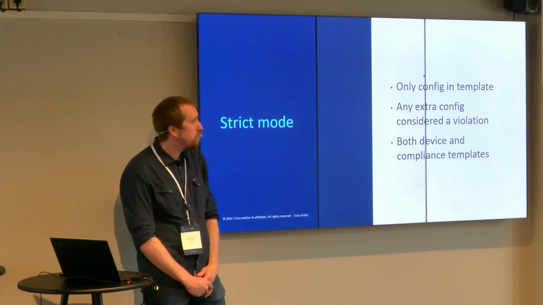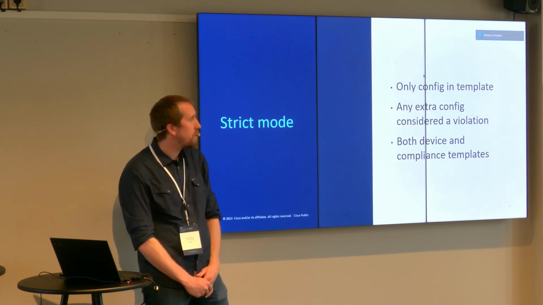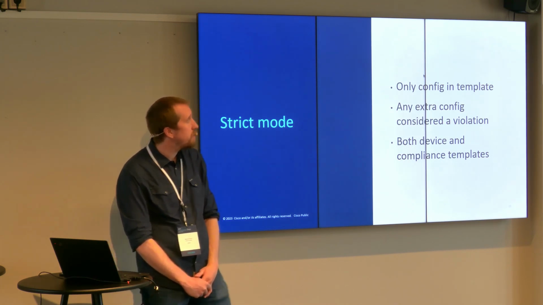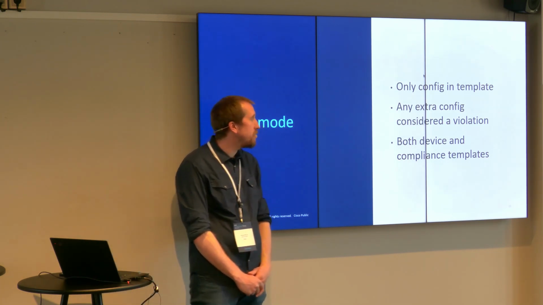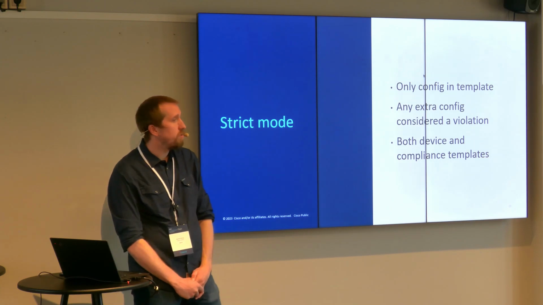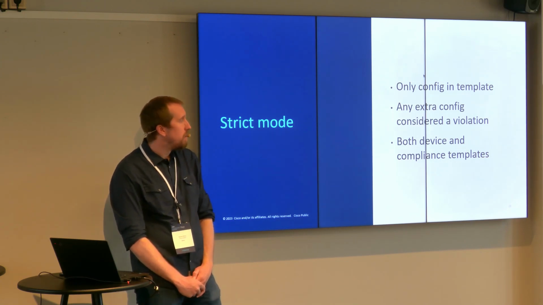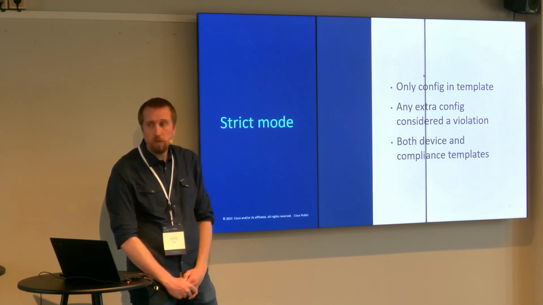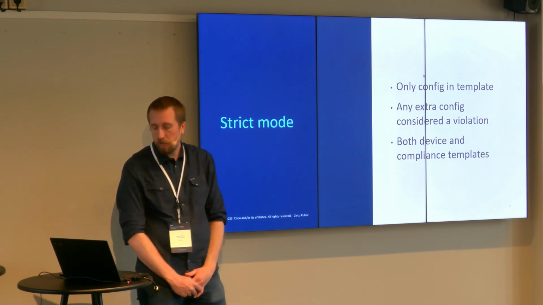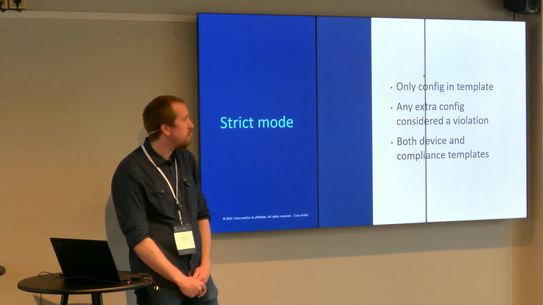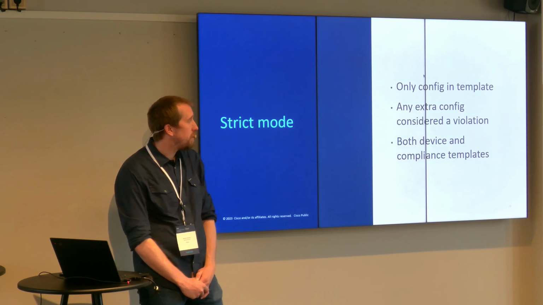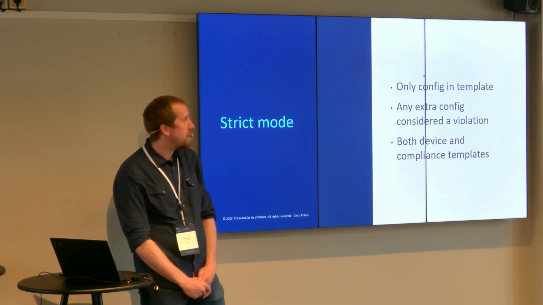But with strict mode, we will check that whatever configuration you have in your templates is the only configuration that should be present on your device. So if you have any extra configuration on your device that you haven't specified in your template, that would be considered a violation, and the final report will say that you have a violation for this device.